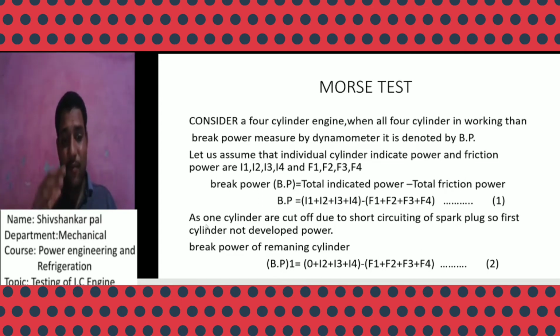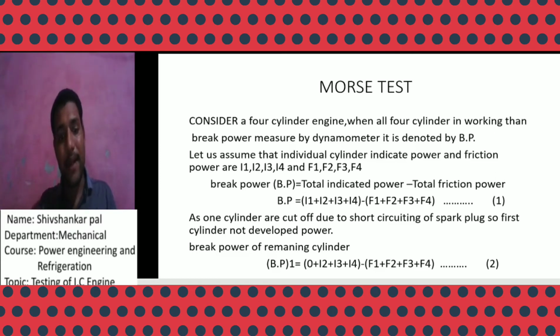Now suppose one cylinder is cut off due to short circuiting of the spark plug, so the first cylinder does not develop power. The first cylinder does not produce indicated power.